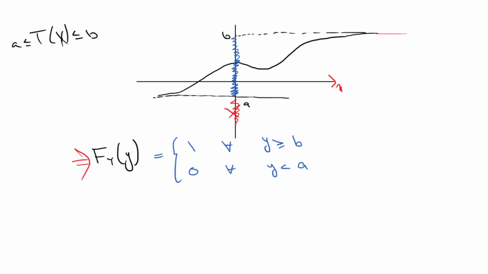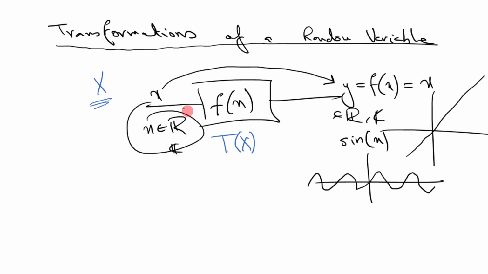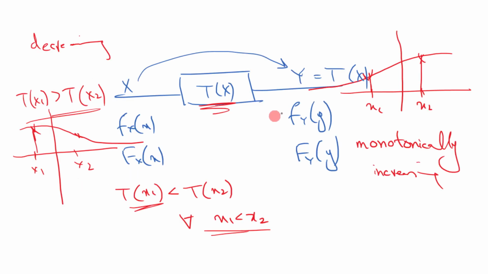So what we have done in this video is we have discussed a transformation of a random variable in which we have a transformation function which converts or transforms your input random variable x into random variable y. Broadly, we have two kinds of transformations. One is monotonically increasing and the other one is monotonically decreasing.